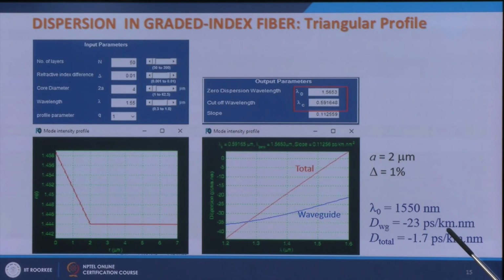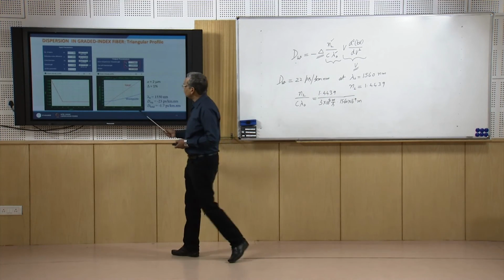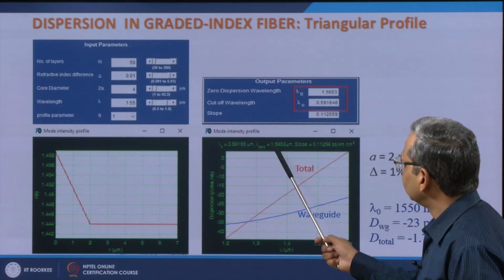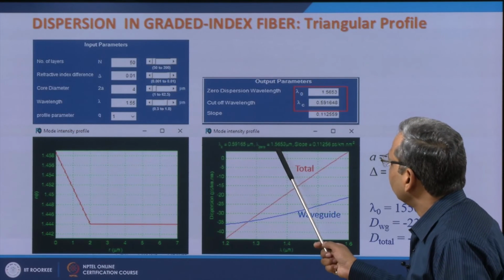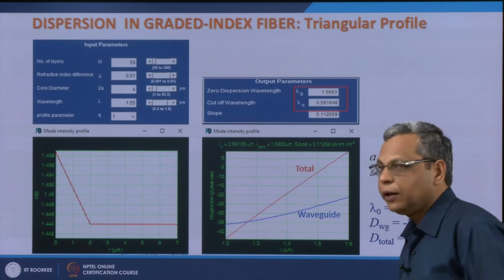At 1550 nanometer wavelength, if I pick out the values, the waveguide dispersion is minus 23 picoseconds per kilometer nanometer, and total dispersion is about minus 2 picoseconds per kilometer nanometer, very small. And the zero dispersion wavelength shifts to about 1565 nanometer.